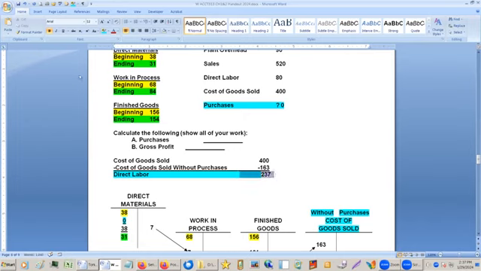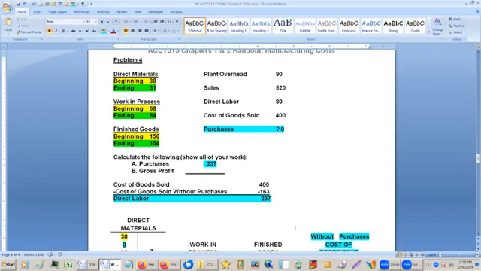Hey, stop highlighting. Give me back my highlighting. Okay, so the purchases, 237. Can you remove the direct labor and write purchases so it doesn't confuse everyone else?